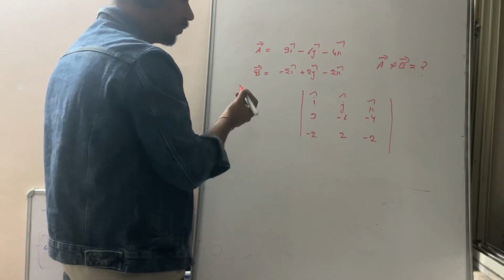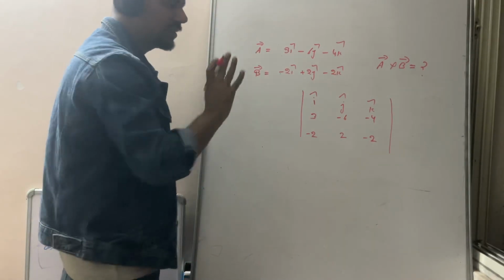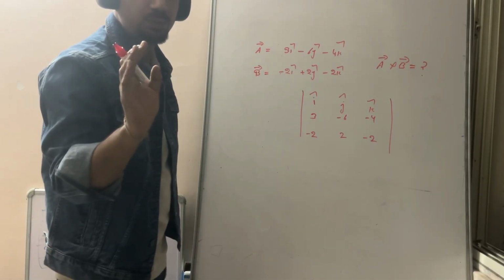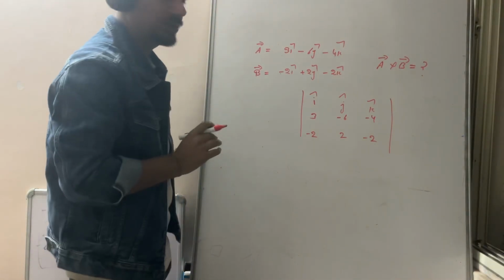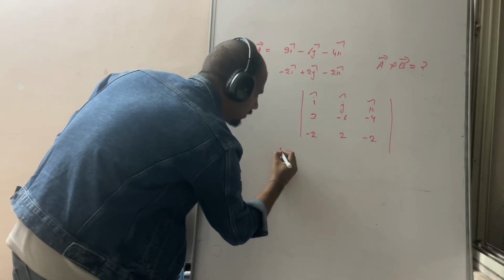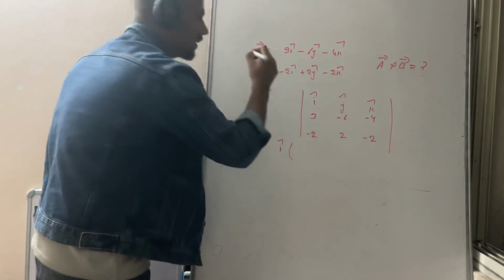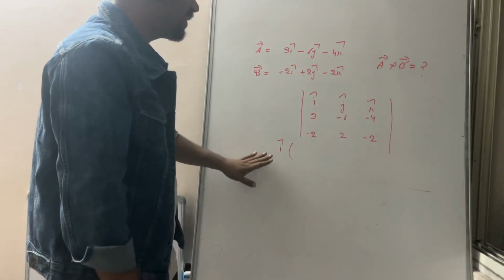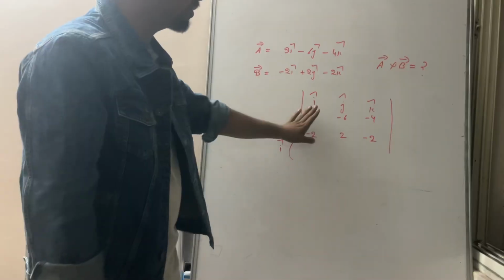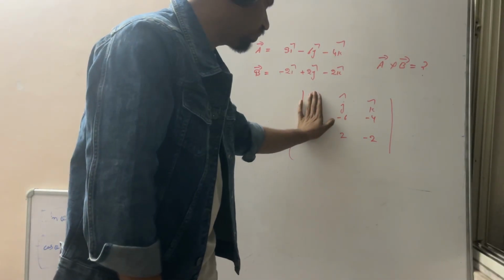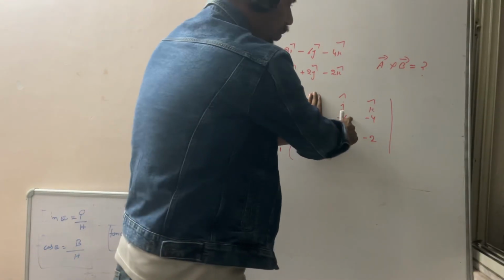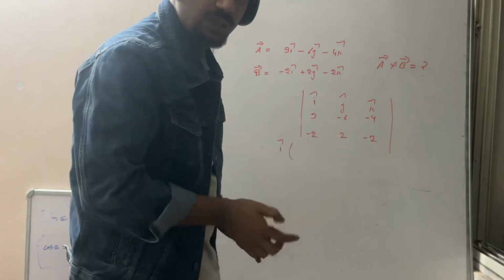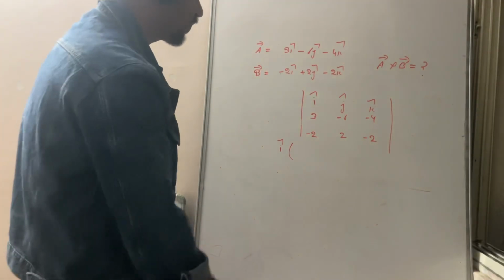Now we follow a simple step. For I, write it inside a bracket. To find the number for I, forget about the numbers below the I. Do a cross multiplication with a negative between them, or subtraction.